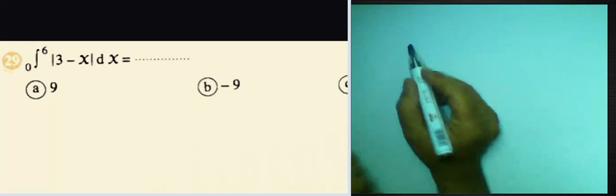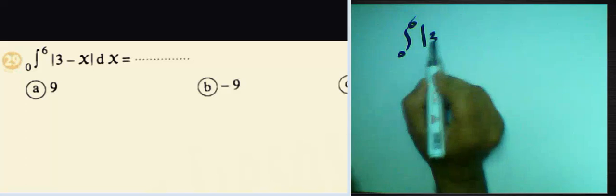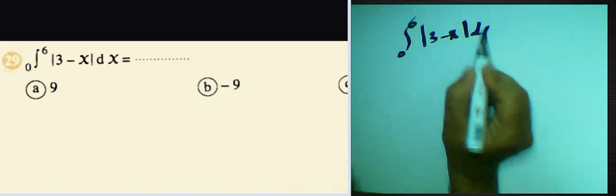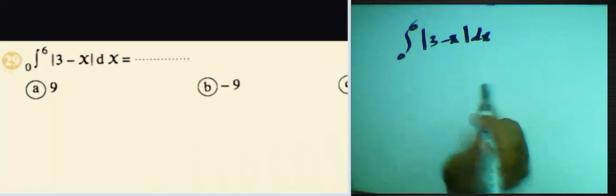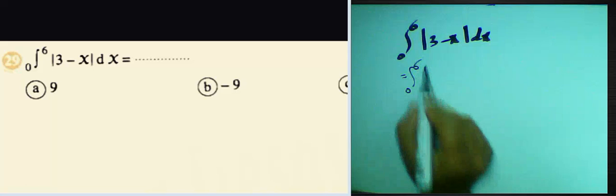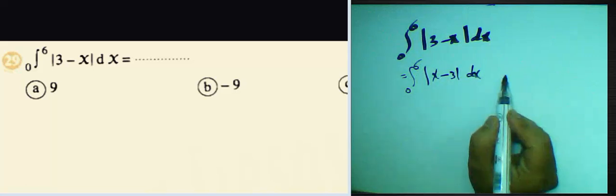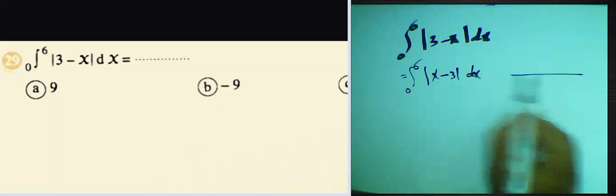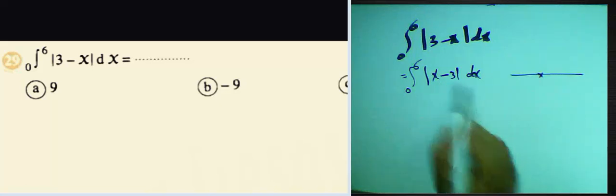Integration from 0 to 6 of absolute value of 3 minus x dx. We must write the definition of this absolute value here. Absolute value of 3 minus x is equal to absolute value of x minus 3, from 0 to 6. And we know if x here equals 0, then x equals 3.